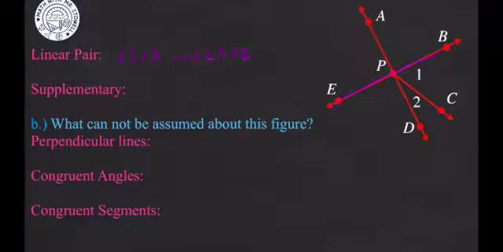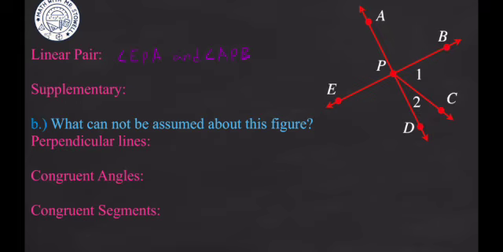They form the straight line with this extra little angle right there. They form a straight line. We can assume that because EPB, line EB, is a straight line, because that is linear. So that's why we can assume that. Supplementary. We can assume supplementary.